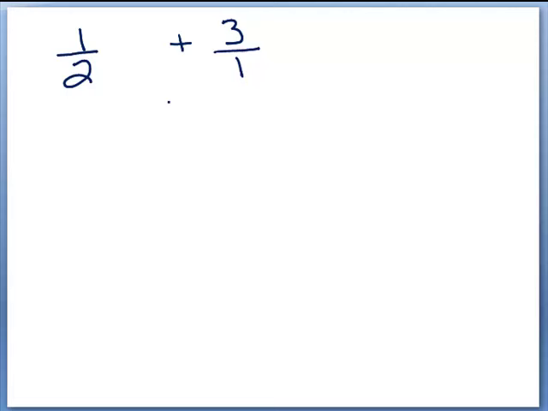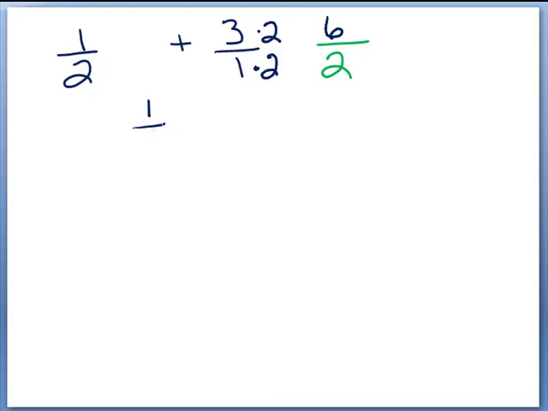And going back to our rules for adding and subtracting fractions when denominators are not the same, we want our denominators to be the same, so let's find the LCD, the least common denominator. The least common denominator is 2. We want to convert 3/1 into having a denominator of 2, so we multiply 3/1 by 2. 3 times 2 is 6.